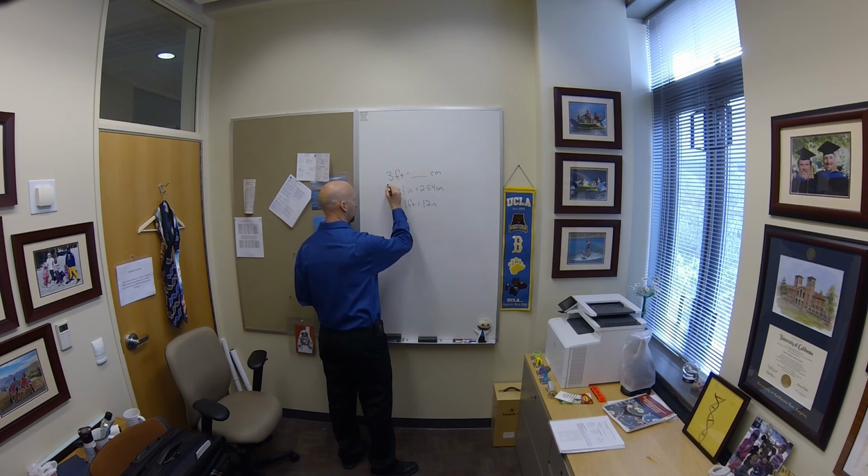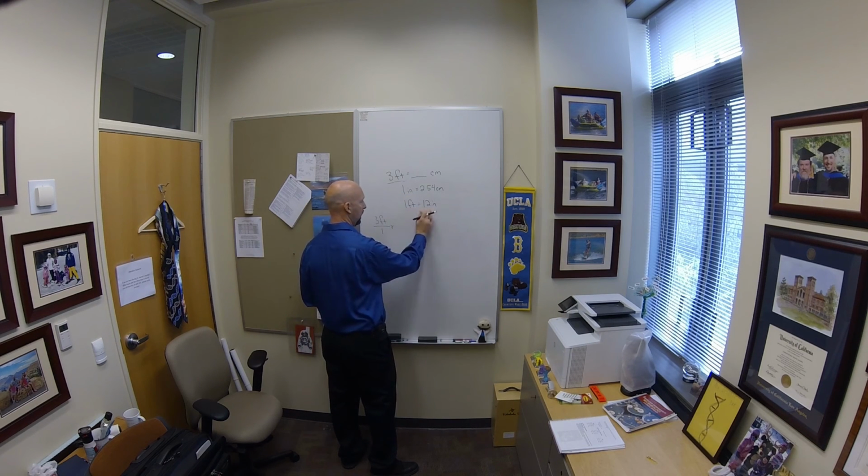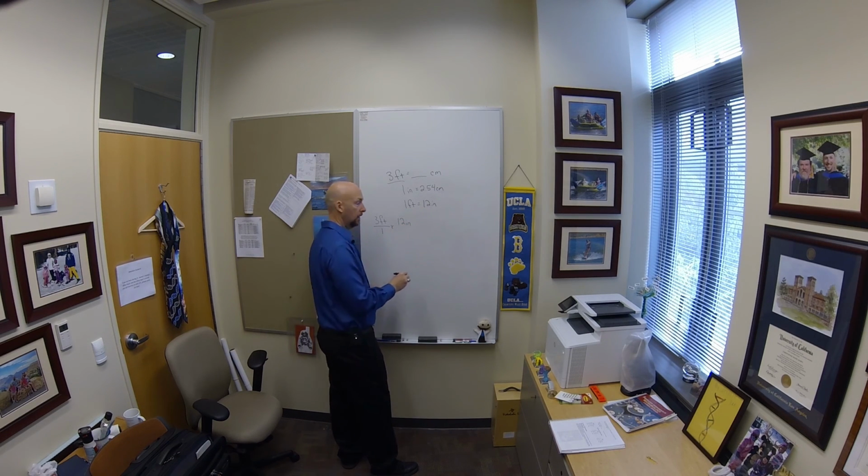So again, we're going to start with what's given, which is 3 feet over 1. I don't have a conversion straight from feet to centimeters, but I have a conversion from feet to inches, and then I have a conversion from inches to centimeters. So I can get there. First is to convert from feet to inches, so I want my inches on top over 1 foot.